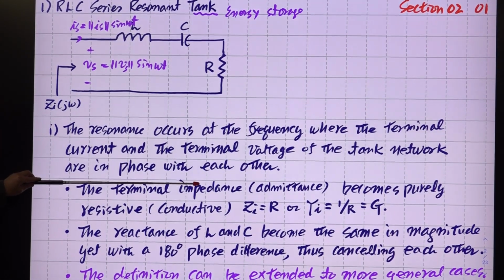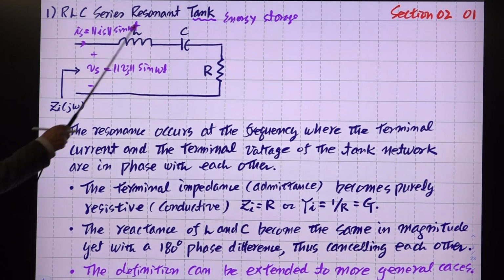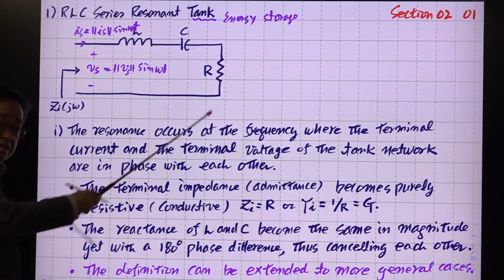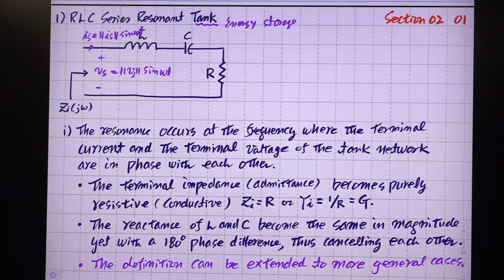That means the impedance becomes purely resistive or purely conductive. That means the reactance of the L and the reactance of the C are completely cancelled. They are the same in magnitude, but out of phase, so they cancel. That is the definition of resonance.